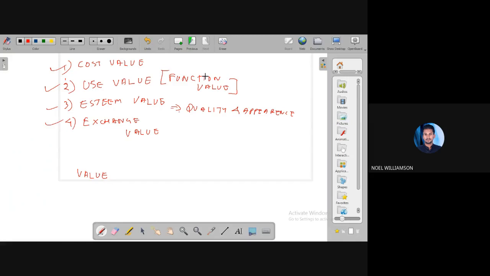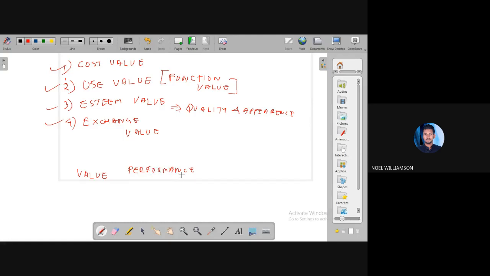Performance of a product, how it may perform, right? So this is a measure of the functional features and the properties of any product. That is a performance.